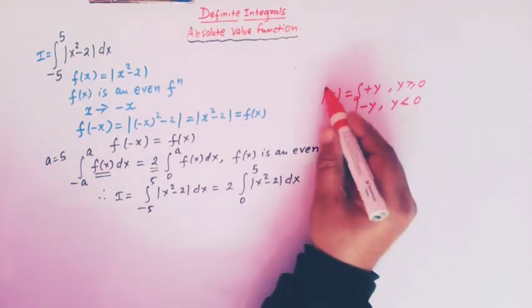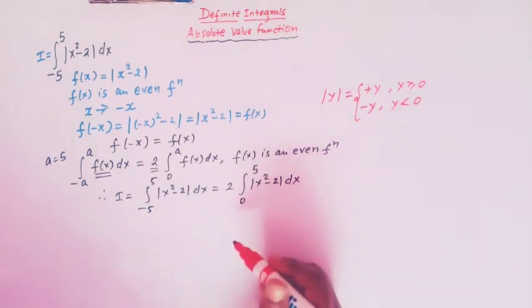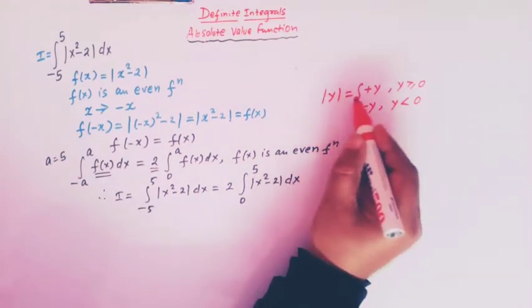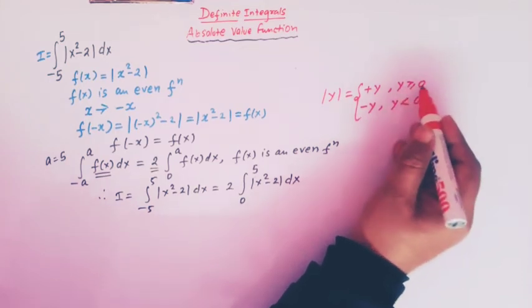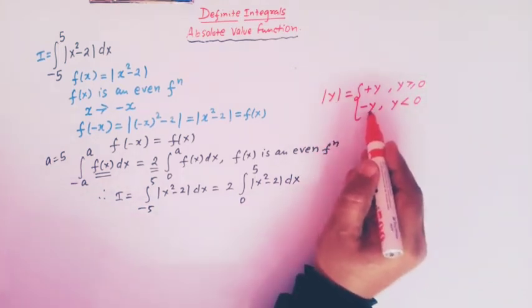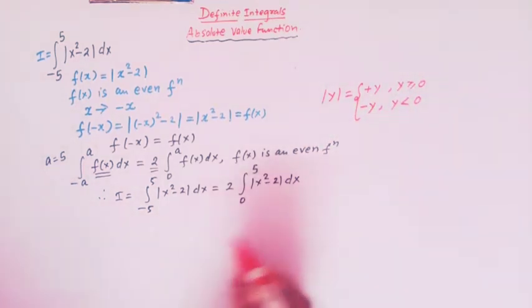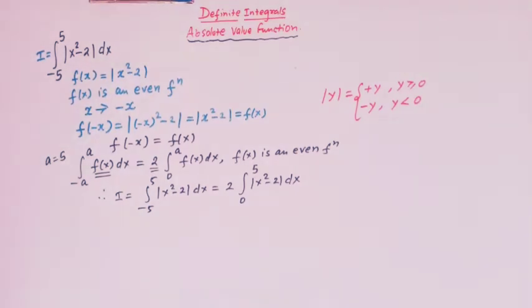Here we have taken the variable y for explaining the definition. So mod of y is equal to plus y whenever y is a real number including 0, and mod of y is equal to minus y whenever y is less than 0, which implies that y is a negative real number.